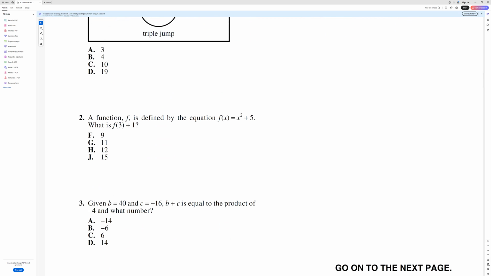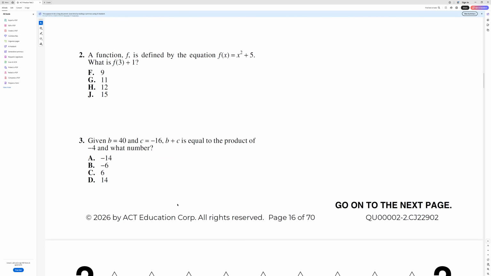Number 2 says there is a function f, which is defined by the equation y equals. Notice that the x is inside here, and the number here is 3, and then there is a plus 1. So let's do f of 3 first by substituting x for 3.